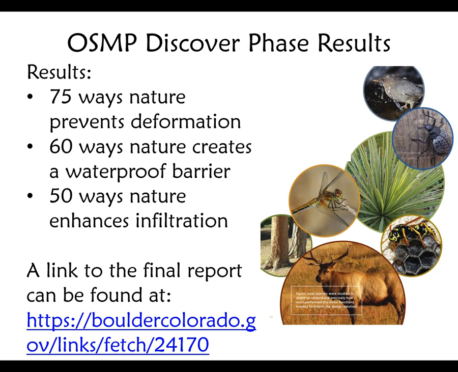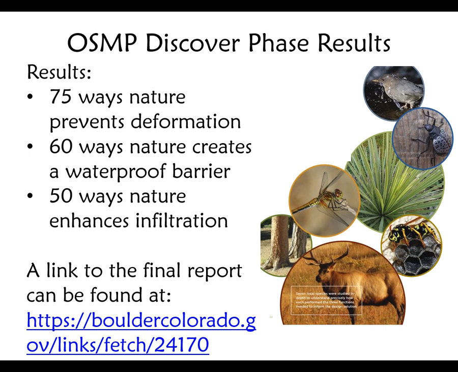We don't expect that your team will uncover this many for your challenge. The biologists on the team vetted the research tables for patterns and grouped together like strategies. Then the project team and the self-selected OSMP staff voted on their top strategies for each function.